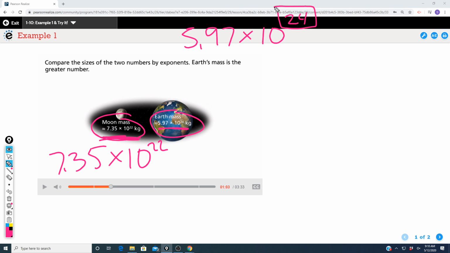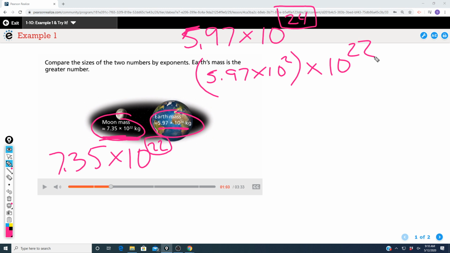This is where it gets a little bit, not tricky, but in this specific instance of seeing this on a computer, it might seem confusing at first. I want both of my exponents to be 22. How can I do this? I can factor out a 10 to the second here. Why can I do that?